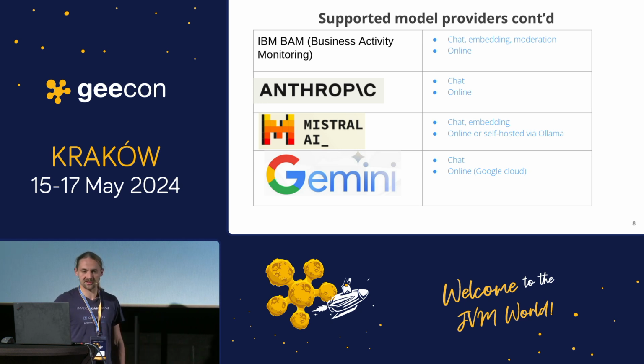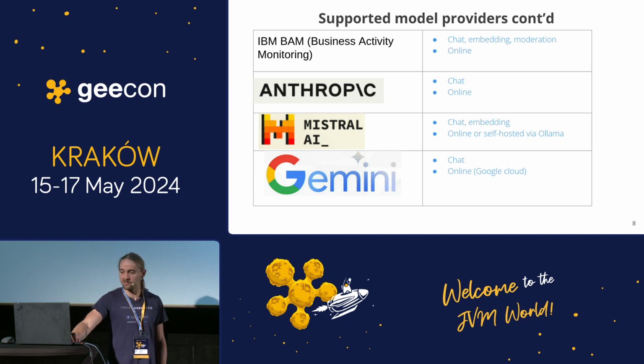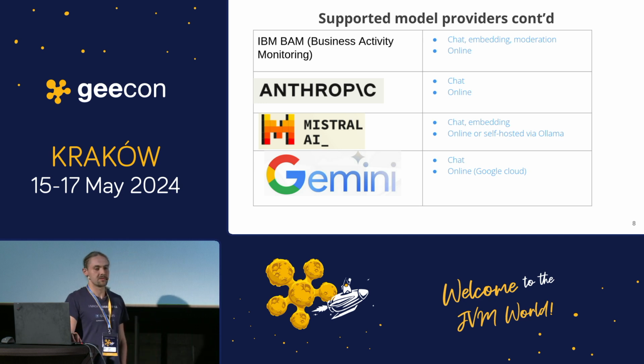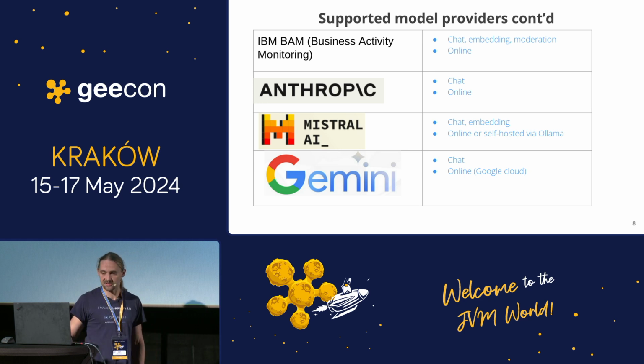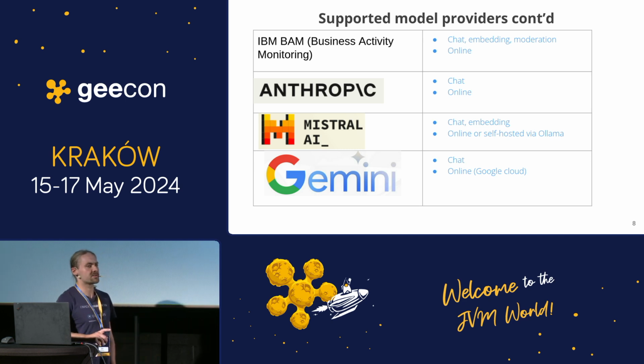But this is obviously something that's evolving very, very quickly. So this list isn't exhaustive, and it's growing very fast. This is also only listing the providers that we have directly integrated in the Quarkus extension for Langchain4j. The Langchain4j upstream project supports even more of them.